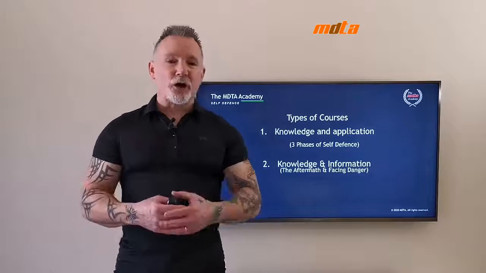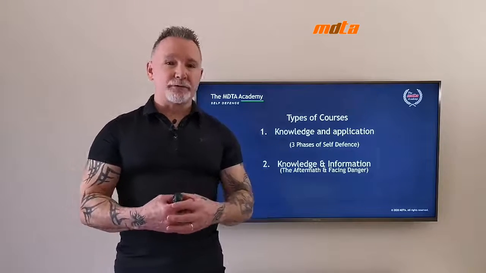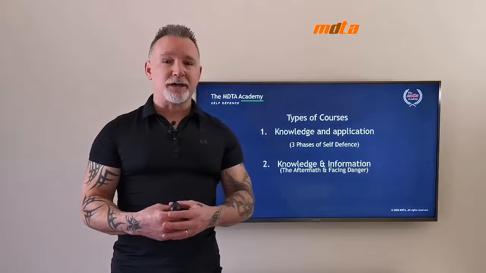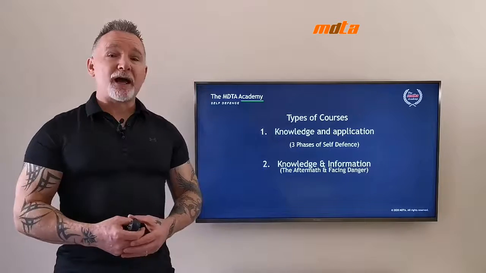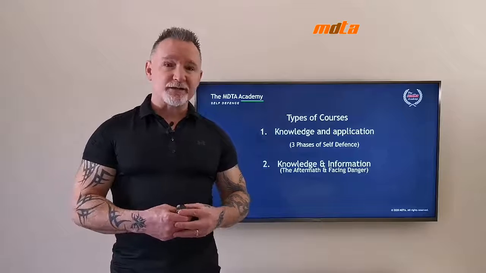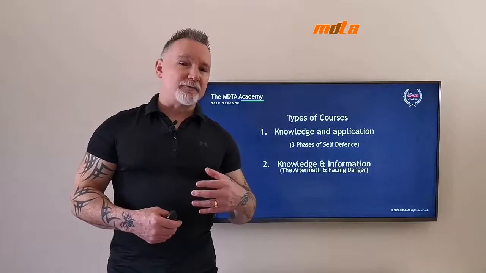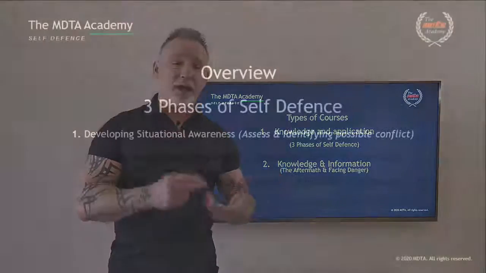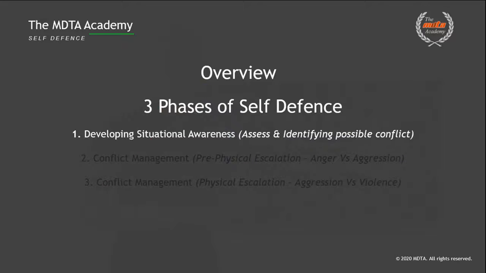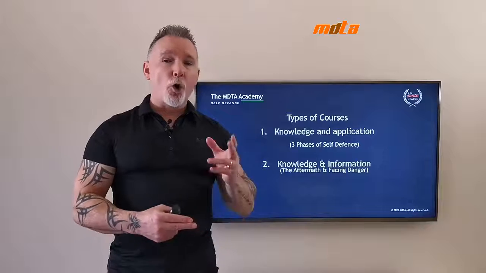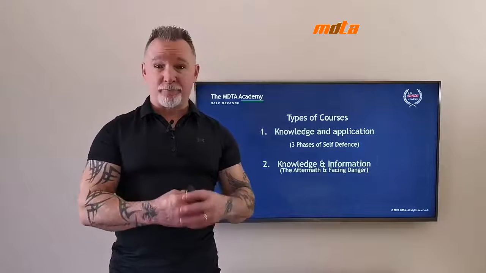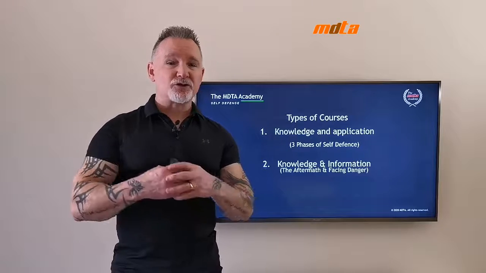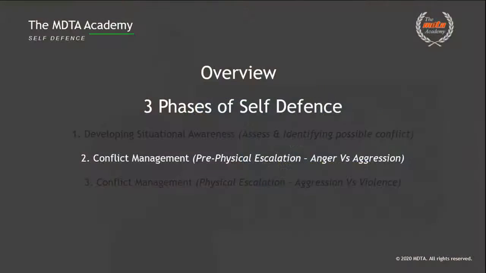The 2 types of courses that we run through our online program at the Academy are knowledge and application of the 3 phases of self-defence. The 3 phases are training individuals in good situational awareness skills to be able to assess and identify possible conflict and how to avoid it, or how to deal with it if they can't avoid it, and put them in the best position for conflict management, what we call pre-physical escalation.